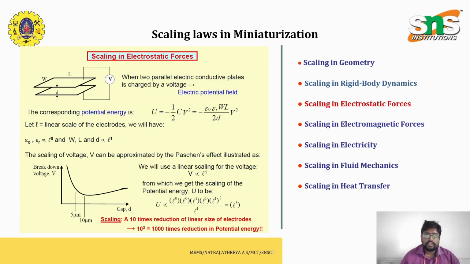Fine. When this voltage is supplied across these two plates, there is an electrical potential field across them. The corresponding potential energy is U equal to minus half CV squared.